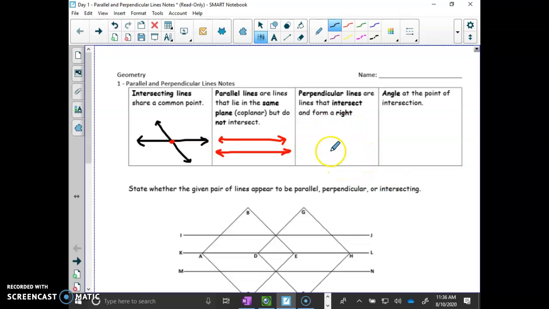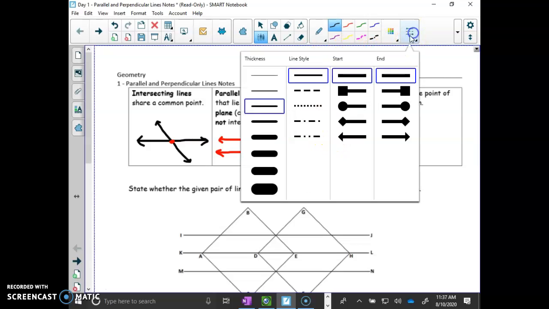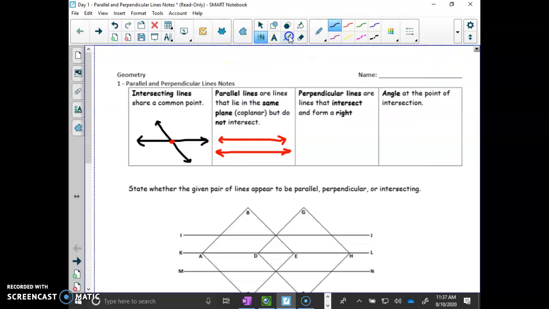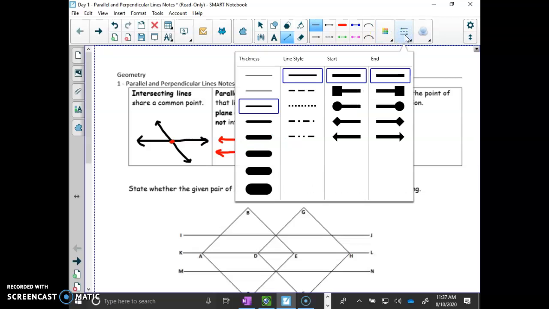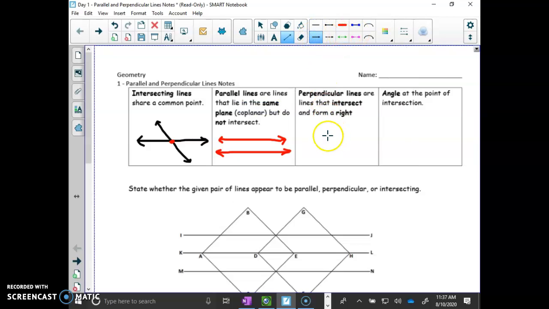So perpendicular lines are lines that intersect to form a right angle. Okay, so here we go. I thought I had a style that I liked up here. Maybe not.